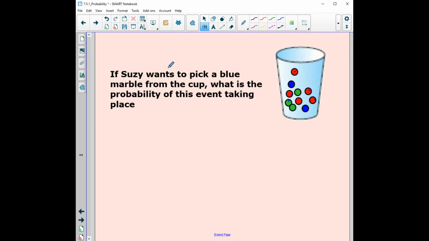If Susie wants to pick a blue marble from the cup, what is the probability of this event taking place? So again, probability, capital P, bracket, blue, equals favorable outcomes over possible outcomes.